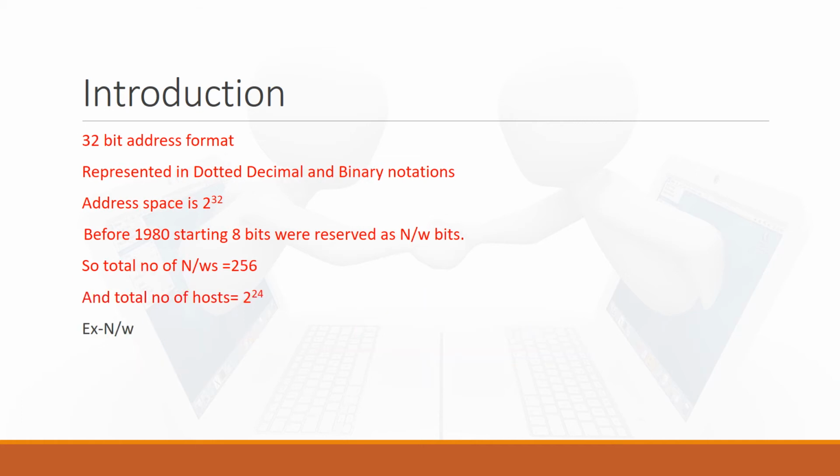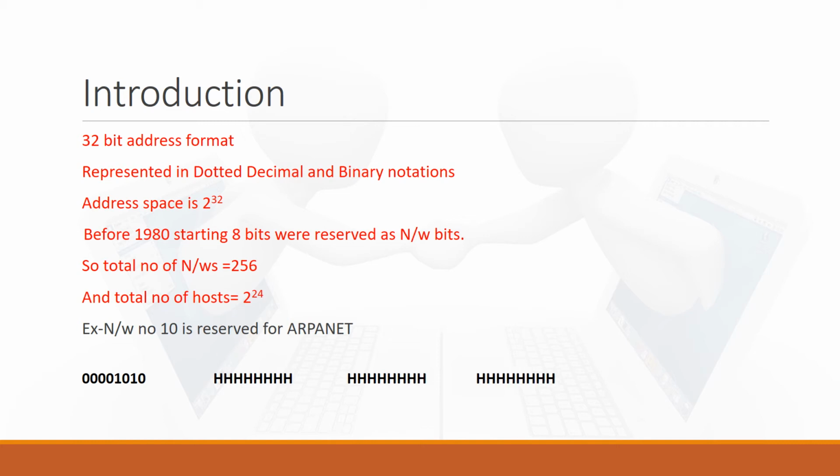For example, network number 10 is reserved for ARPANET. In binary, it can be represented as 00001010 and the remaining 24 bits as the local host ID.